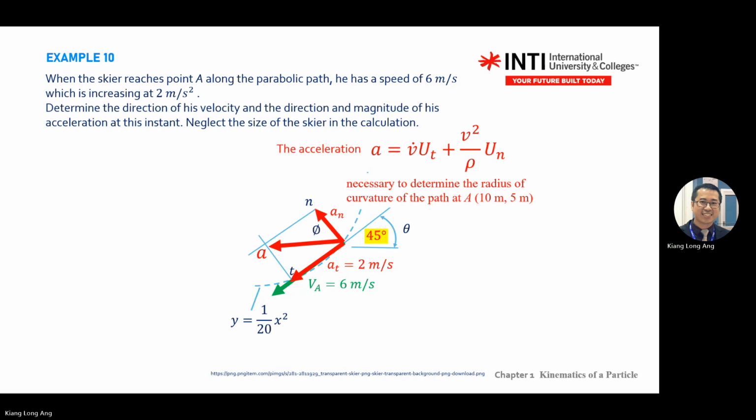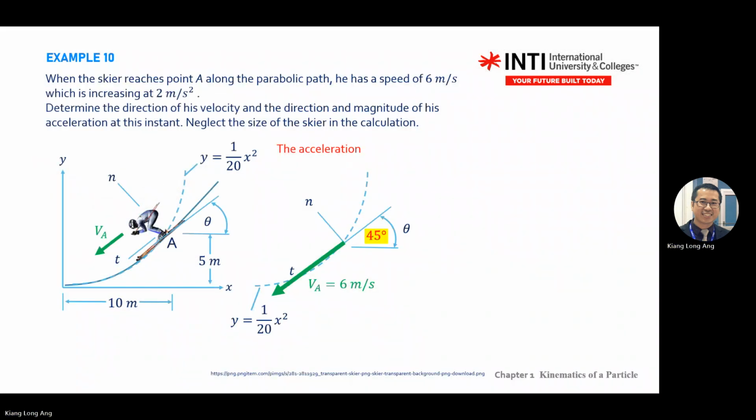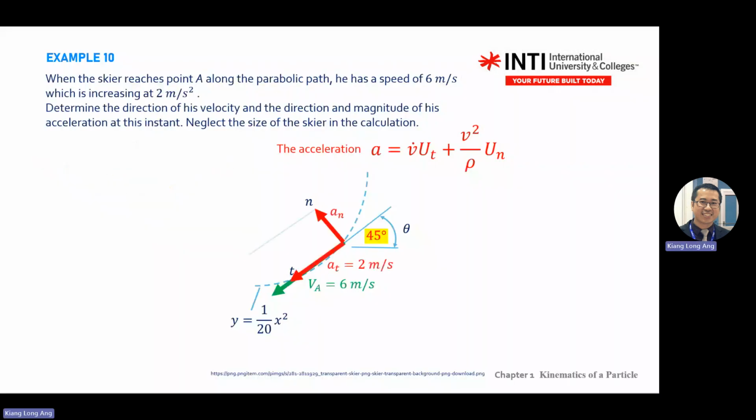So you need to find the curvature at that particular position. I bracket 10, 5 because in the question you are given the 10 and 5, the x and y coordinates. So I put them inside there.